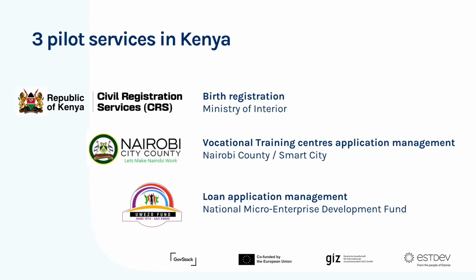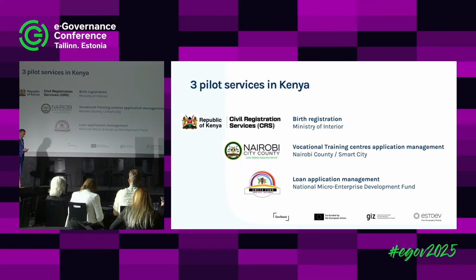The second is the Nairobi city county, to digitalize how students can register for different courses. And the third is the WESA fund, a micro loan development fund, for which we are doing loan application management.